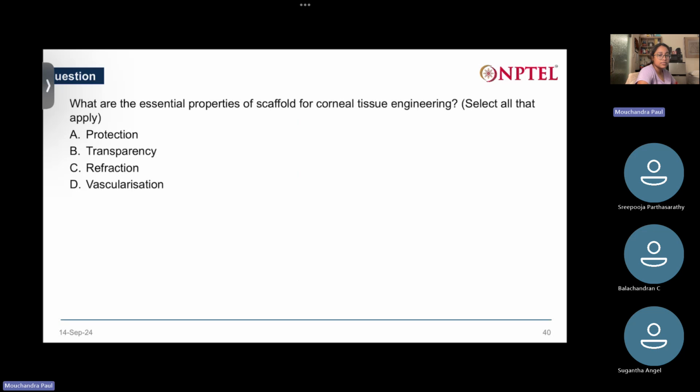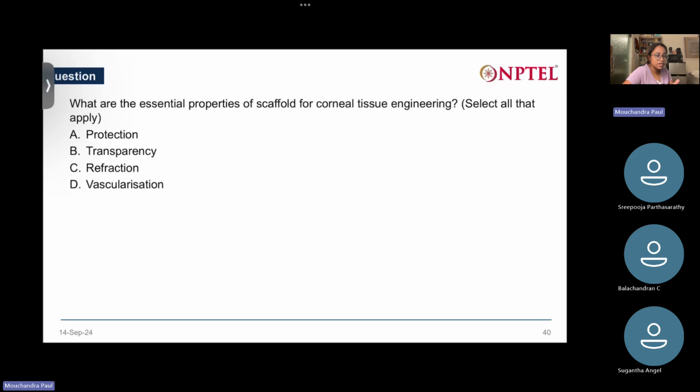If you were to design a scaffold to replace the corneal epithelium only, because that is affected, or if the damage is too deep and also affects the Bowman's membrane and further, so then we have the stroma as well, then we have to think about the thickness of the scaffold. But what are the crucial properties that a scaffold should have in order to become part of your cornea?